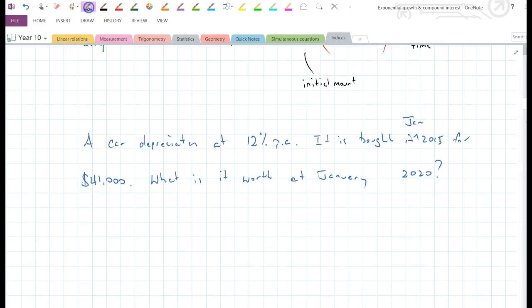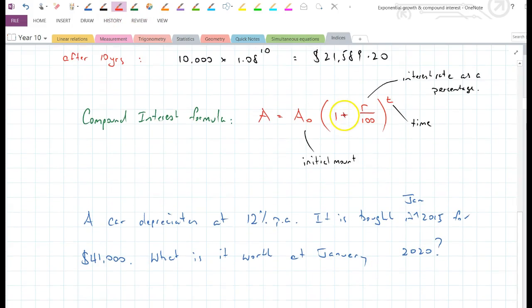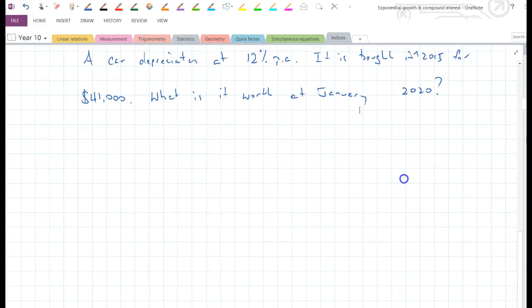So what we've got is a starting amount, we apply the same formula, except we're not going to hit plus here, we're going to hit minus. So our amount will equal our initial amount, which is 41,000. We're going to take 1 minus our interest rate, 12 over 100, and raise it to the power of 5. So this in neater form will look like this, times 0.88 to the power of 5.